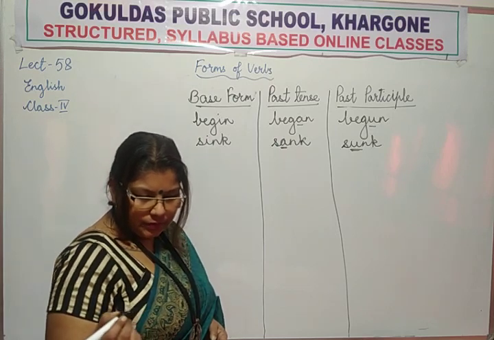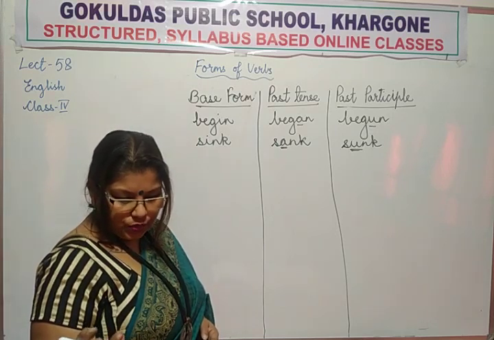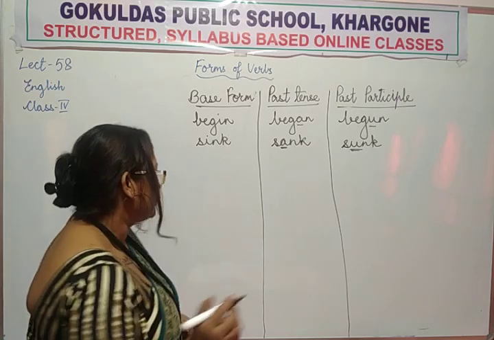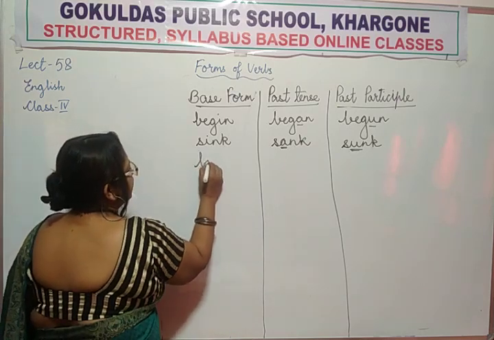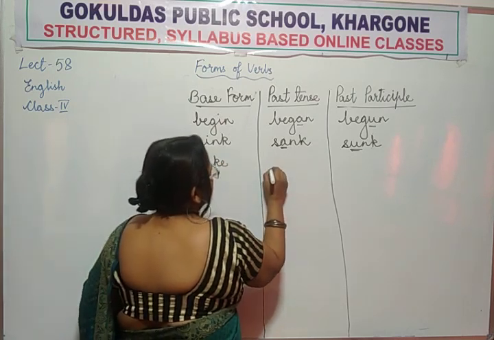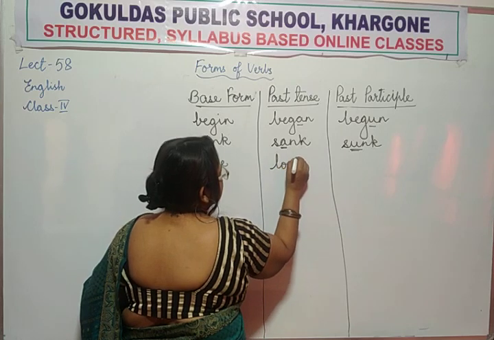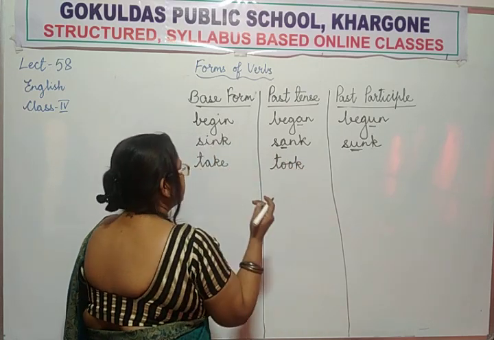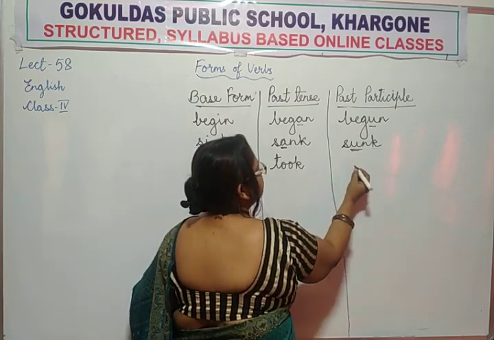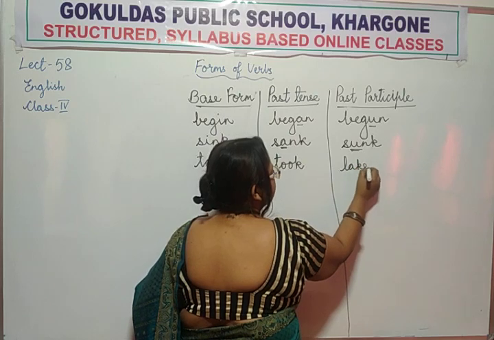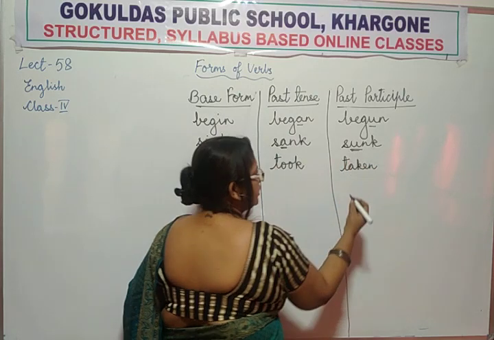Now see, there are a few ones which are a little different, like take, took, taken. If I write take, take becomes in past tense took. And then in past participle it becomes taken. Clear?